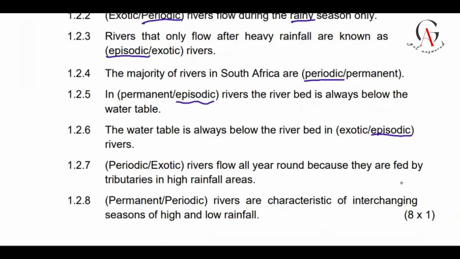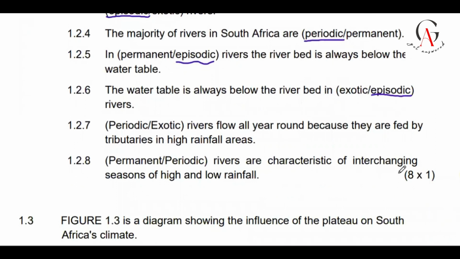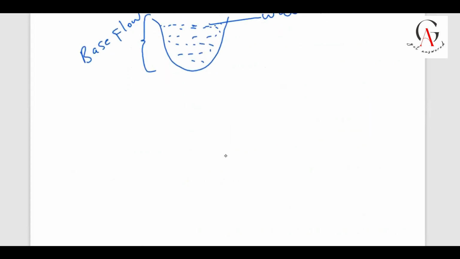Number 7, perennial exotic rivers flow all year round because they are fed by tributaries in high rainfall areas. So that would be exotic rivers. With exotic rivers, the water table is always above the riverbed. If I show you here, for example, this is the base flow, and this is the water table.